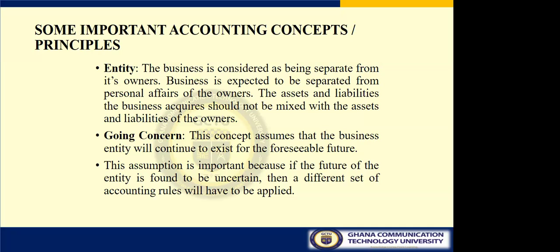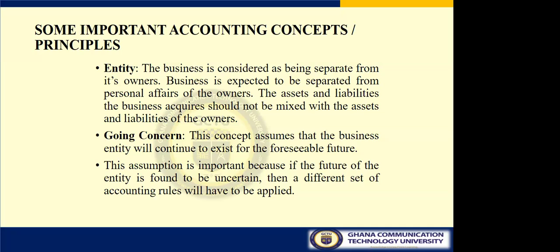For example, if Mr. A is the owner of company ABC, and company ABC has 10 cars and Mr. A has 2 cars, you can't say that company ABC has 12 cars. The assets and liabilities of the company are different from the owner's. The entity concept states that the business is a separate body on its own, and the owners are also a separate body on their own.